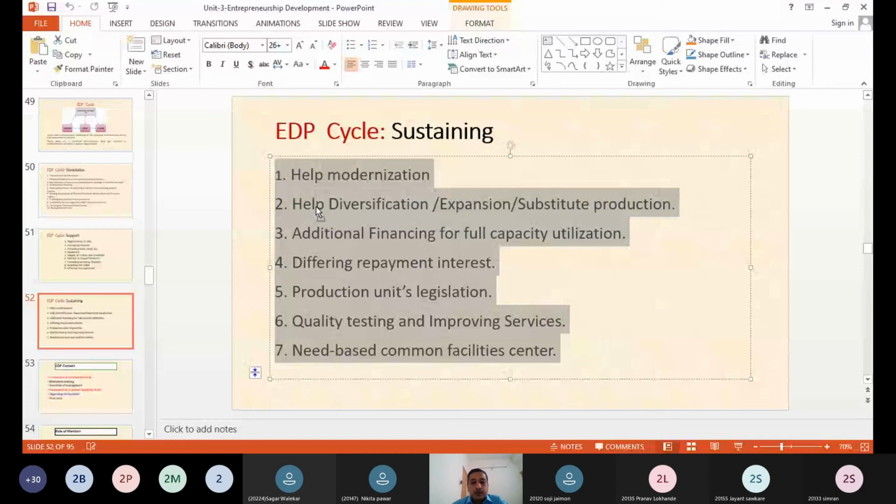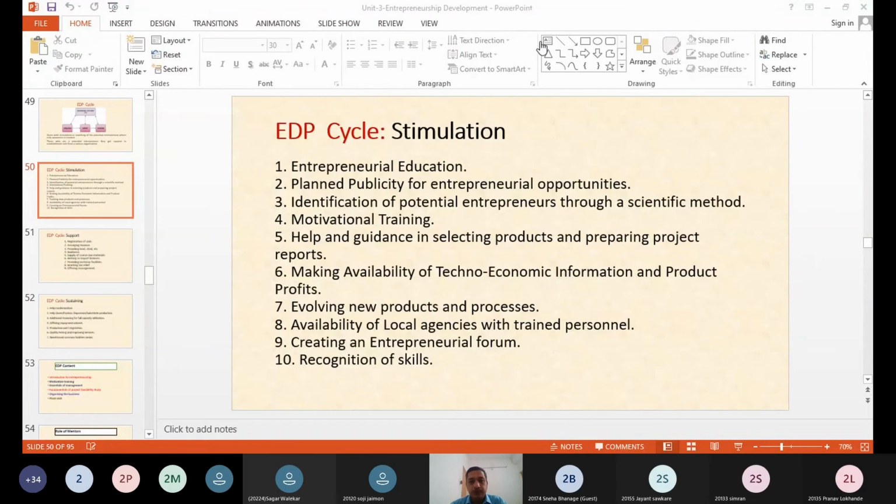Now, the first stage, stimulation, of this EDP cycle, in which we discussed how entrepreneurs are identified. The prospective entrepreneurs, young people, are invited, and real potential entrepreneurs are identified, motivated, and provided guidance in preparing proposals for their enterprise.